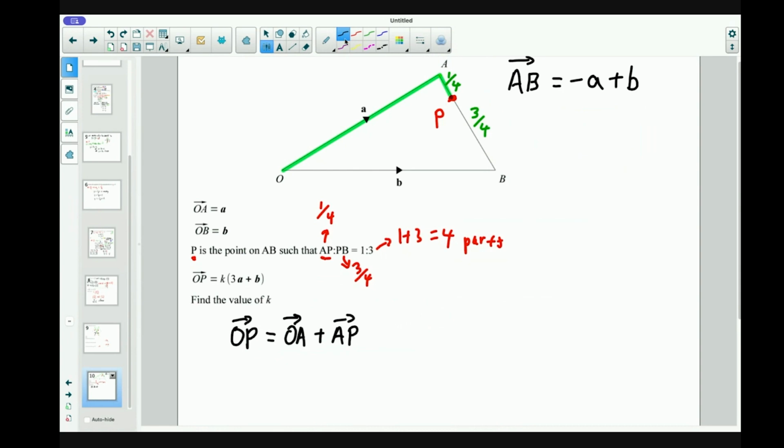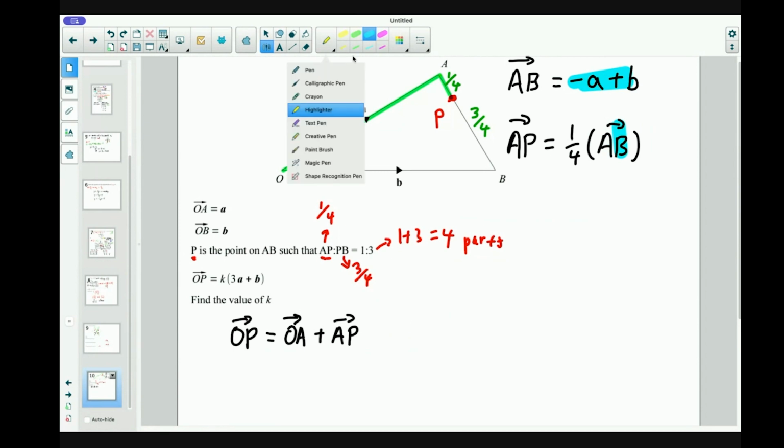So if we're looking at A to P, we know that A to P is going to be 1/4 of whatever vector A to B was. But we know what vector AB was. Vector AB was simply negative A plus B.